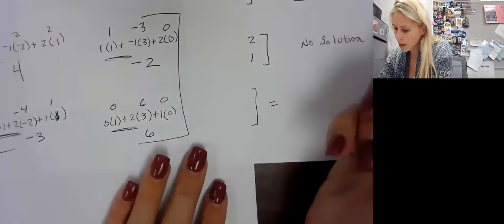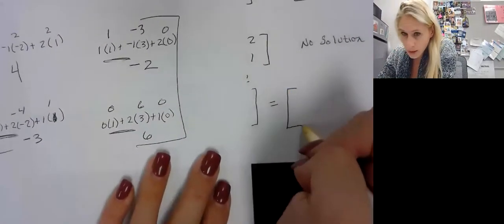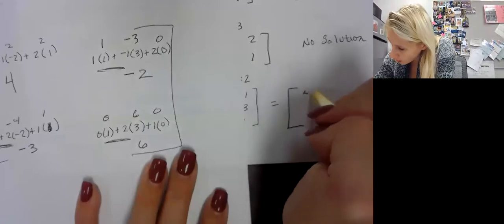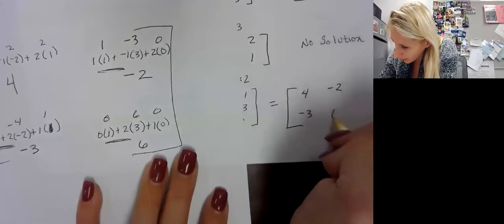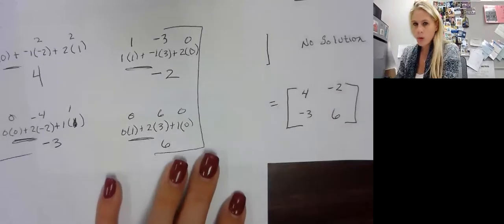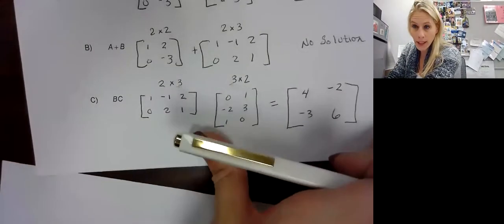So I want to make sure I label my correct answer here. So I get 4, negative 2, negative 3, and 6. Woo! I know I did that kind of fast. If you need to slow down and use colors like I did that first time, go for it.